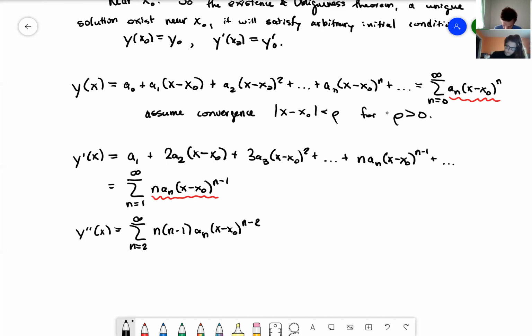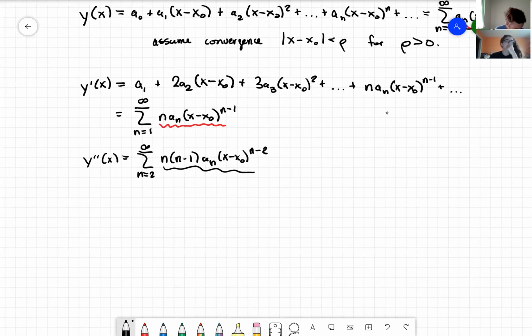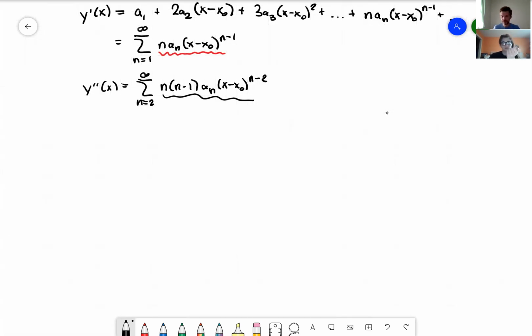So what we can do is take these series and plug them into our differential equation, and then try to figure out what the coefficients should be. It'll give us some relationships between the coefficients when we plug this in. Okay, that's all the theoretical talk that we need to do. It's enough to start doing examples.